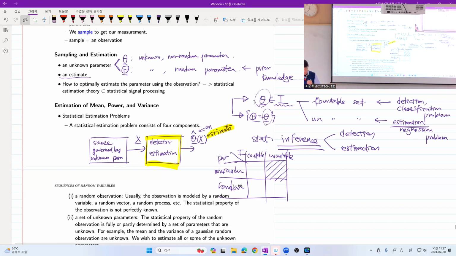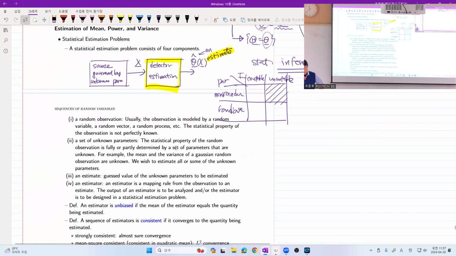Also, since this section is very short, we are not covering every possible estimation problem, but we focus on only two things. Anyway, our undergrad textbook shows important terminologies you need to know, so let's review these terms again.